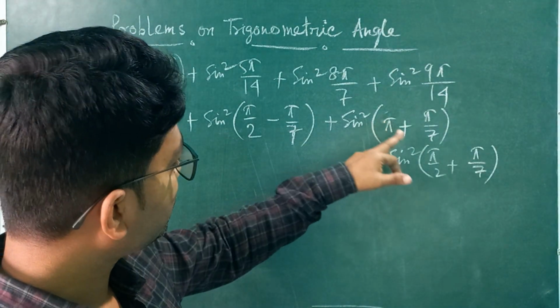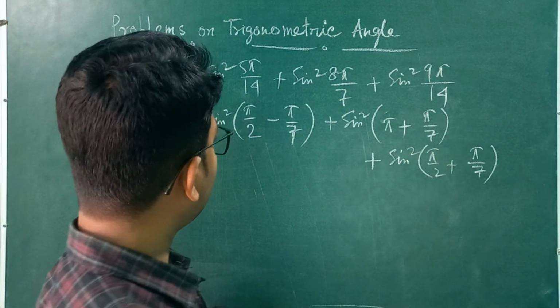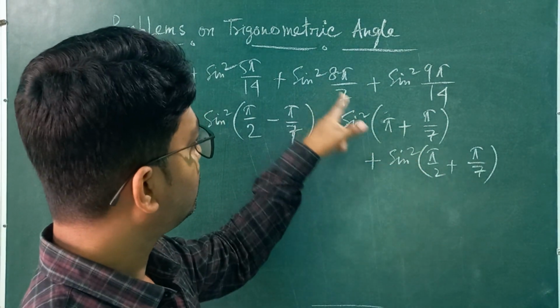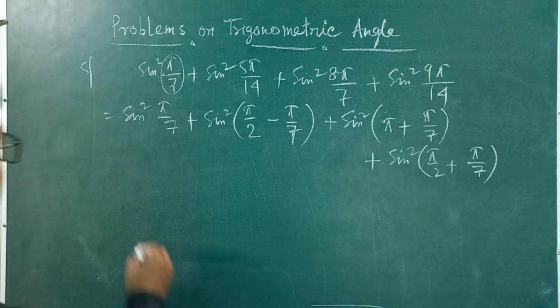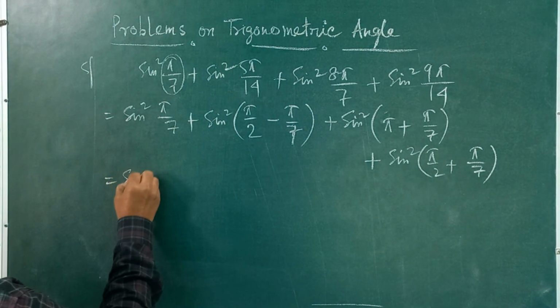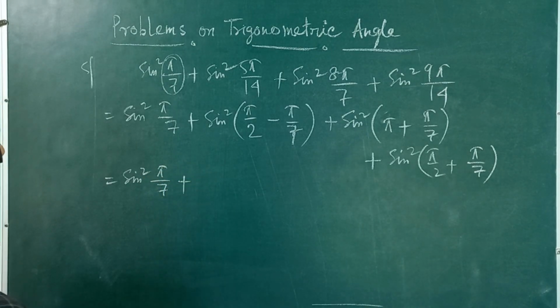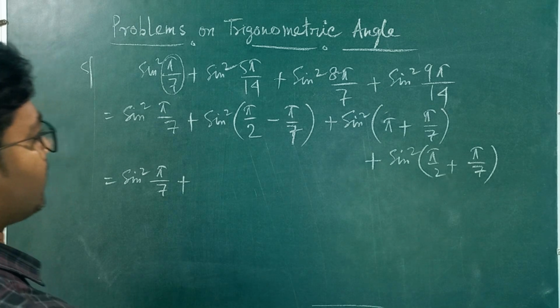In this way you can cross check with them. Replace here the smallest angle, and here pi or pi by 2, take plus or minus to match the angles. Now calculate sine square pi by 7. As all the terms are square we do not have to check the sign.